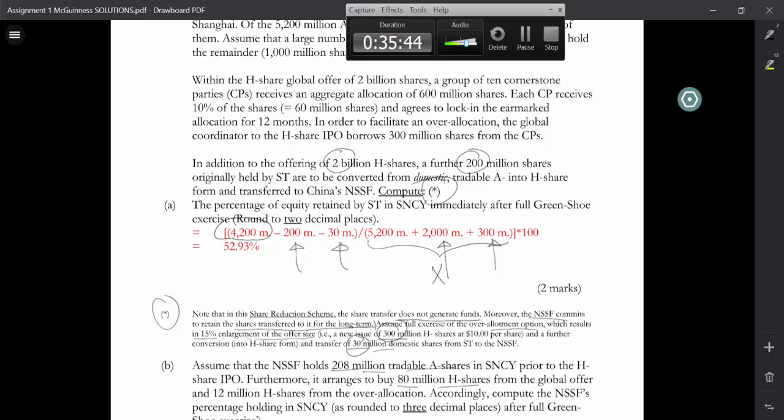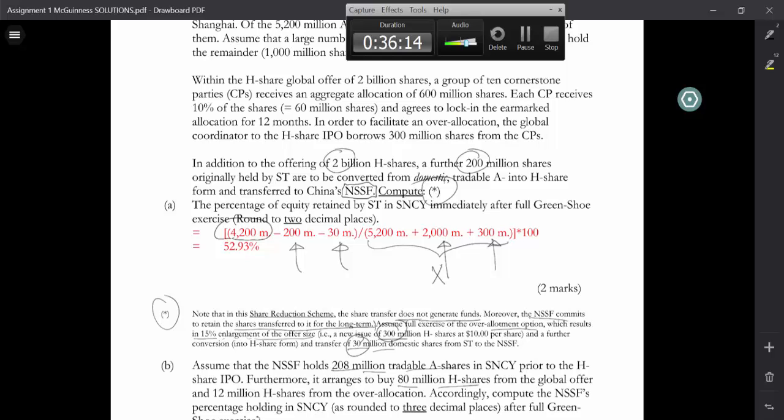They would convert it into H, and they would, I guess, donate that to the National Social Security Fund. So it is, again, another example of how one pocket and the other pocket. This company was owned by the government, so the ownership changes from one part of the government now to another part of the government, which is the NSSF.